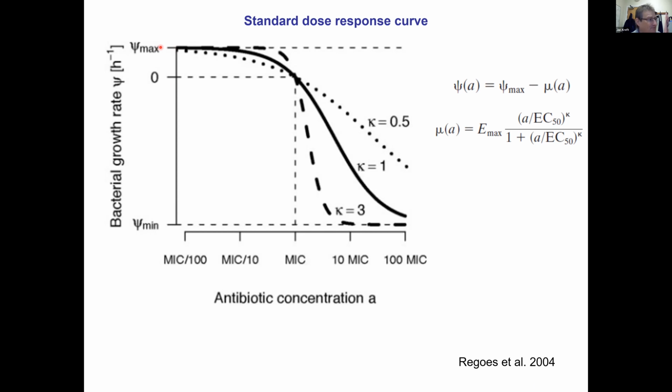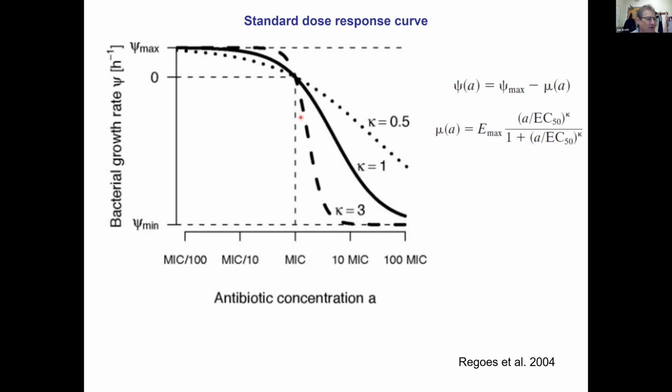But in this case, we're only plotting its relationship to the concentration of the antimicrobial given in MICs. So at the MIC, growth rate becomes 0, and at higher concentration, it becomes negative. And it's important to remember that growth rate can become negative, because this is the net growth rate, which is growth minus death.